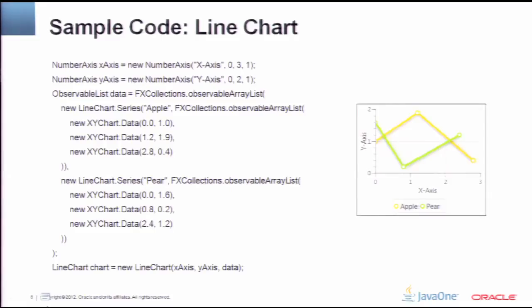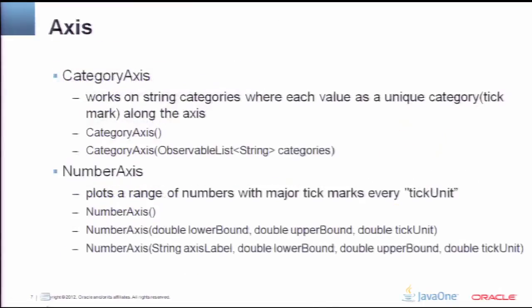Let's look now a bit closer at this code, axis. Currently in JavaFX are implemented 2 types of axis. It is category axis and number axis.